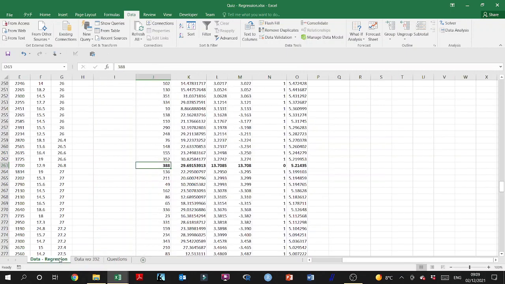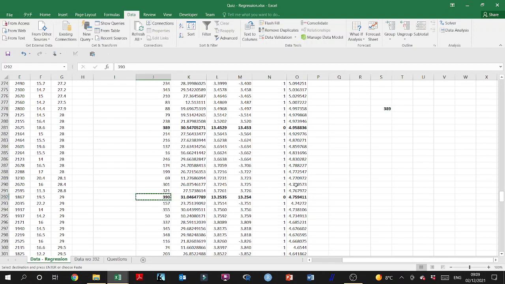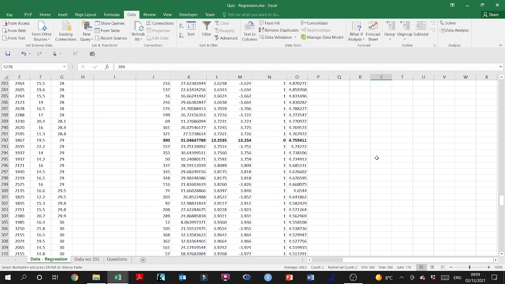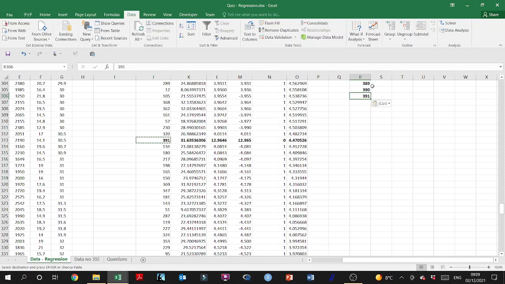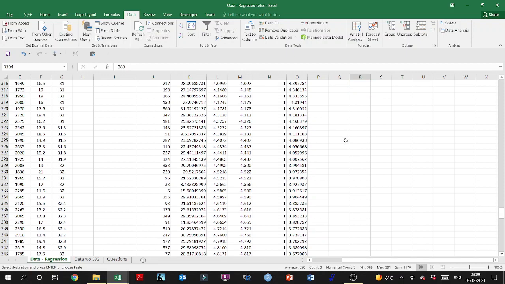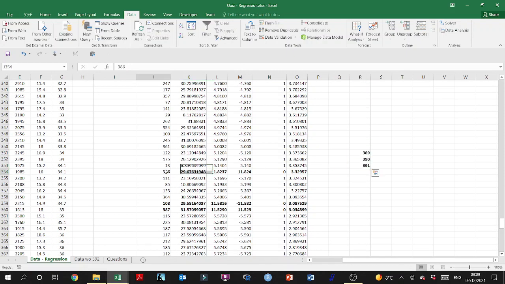All right, so I'm going to take note of all the outliers here. This point. This point. This point. Come with me. This point.